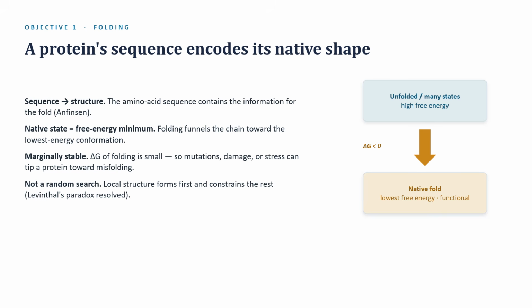It lets proteins flex and function, but it also means a mutation, chemical damage, or cellular stress can tip a protein towards misfolding. Think about that and hold on to that idea, because misfolding is the theme of everything that follows.